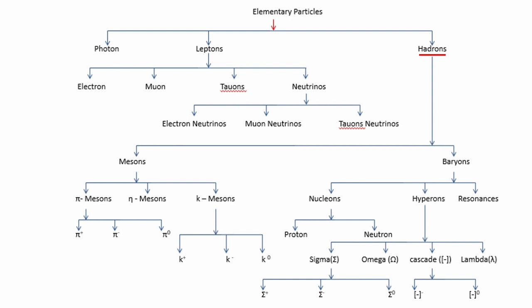The hadrons are classified into mesons and baryons. Mesons are further classified into pi meson, eta meson, and k meson. Baryons are classified into nucleons, hyperons, and resonances. Nucleons include protons and neutrons, whereas sigma, omega, cascade, and lambda are 4 types of hyperons.